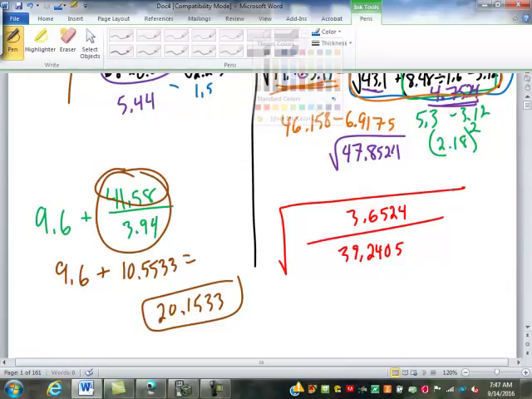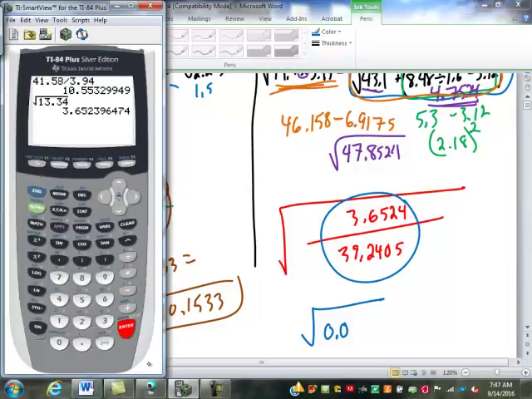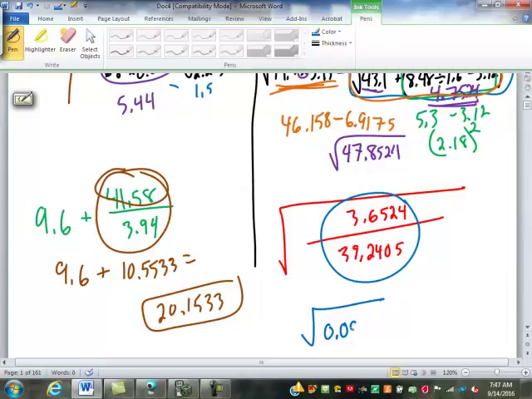We're going to divide 3.6524 divided by 39.2405 gives us 0.0931.